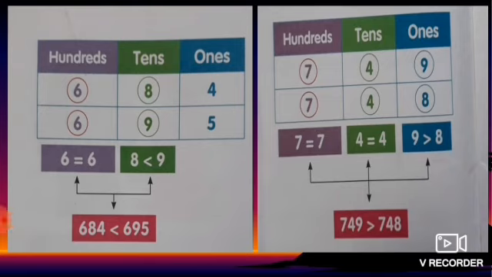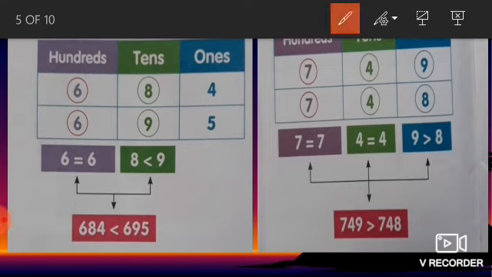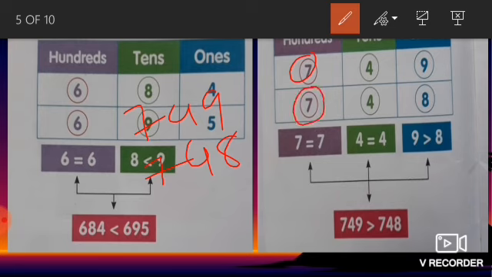Let's see one more example. 749 and 748. So in these two numbers, in hundreds place, 7, 7. So both are equal. 7 is equals to 7. In tens place also you can see the digits are 4 and 4.